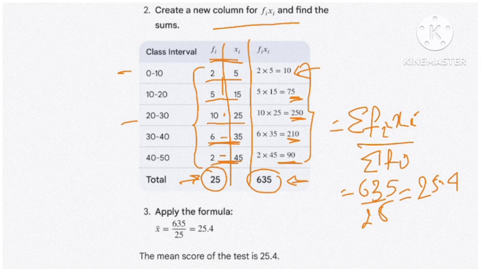So the mean score of the test is 25.4. So this is the way to find out the mean.